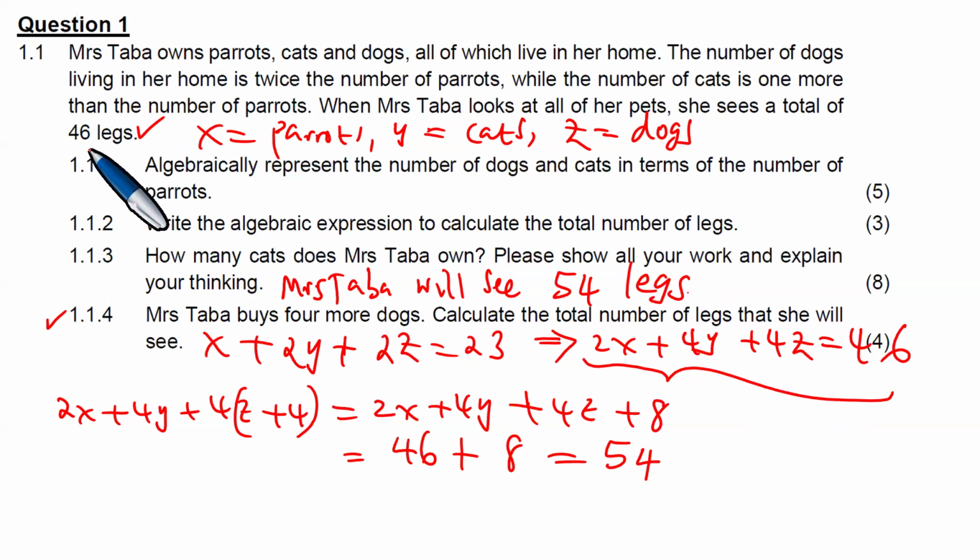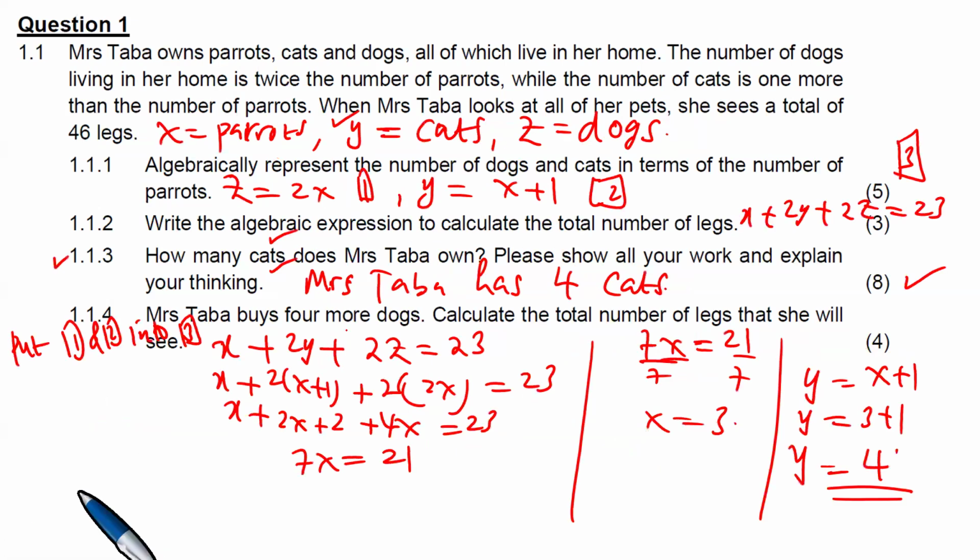There are many ways to do this question. One way is to get the X, the Y, and the Z. What did we get? We got X to be 3, the parrots were 3, and the cats were 4, so Y equals 4.